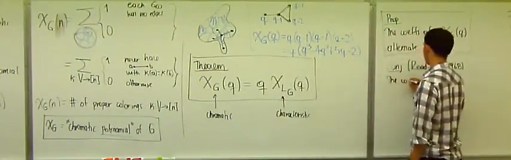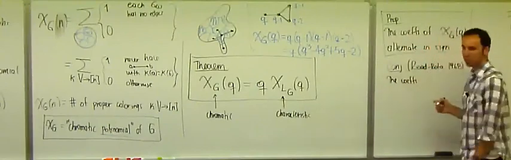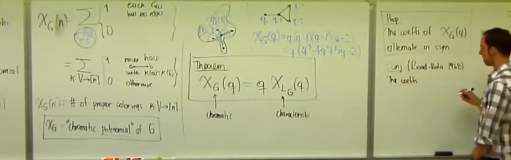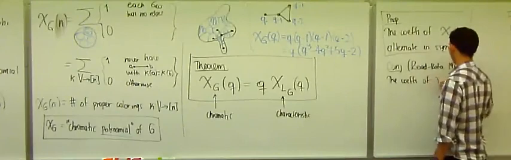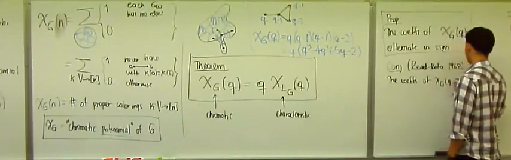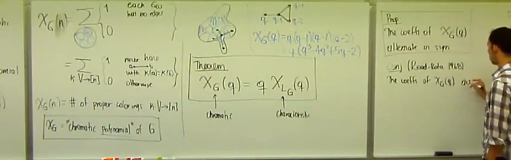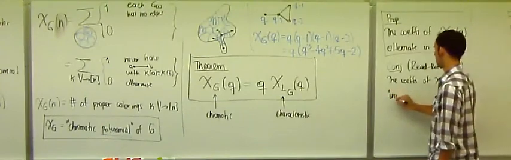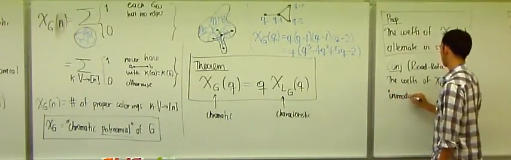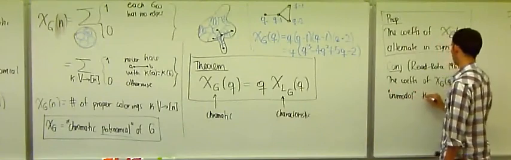And they computed lots of examples, and they observed that in every single example this was true. The coefficients of this polynomial are what's called unimodal, meaning that they first increase.